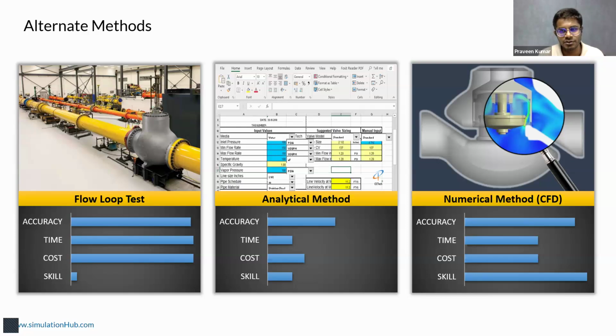So the analytical method and the numerical method have their own pros and cons. Considering accuracy, time and cost, and skill required, analytical methods are very simple, but the accuracy is compromised. At the same time, when you go for the conventional CFD process, the accuracy is much better, very close to flow loop, but the time, cost, and skill required are higher.